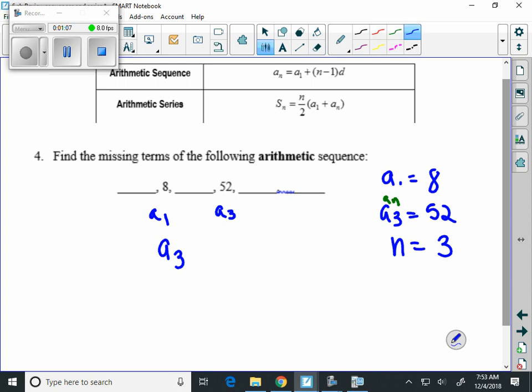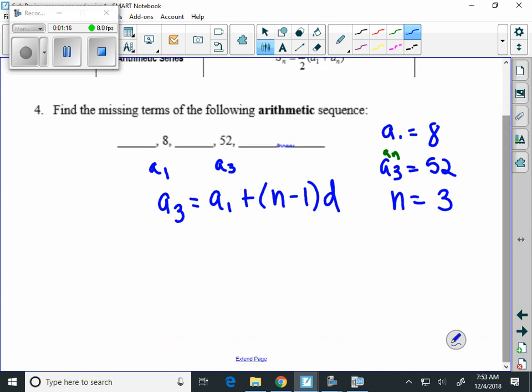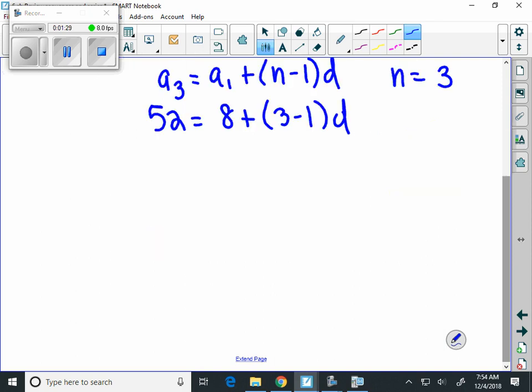So a sub 3 equals a sub 1 plus n minus 1 times d. So we're going to fill in what we need here. We're going to put the 52 in, equals the 8 plus n, 3 minus 1 times d. We're going to solve that equation.